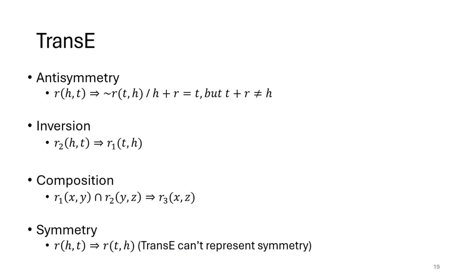There are three major relationships that TransE can explain: antisymmetry, inversion, and composition. However, symmetry cannot be expressed because it only holds true when the head and tail vectors are identical.